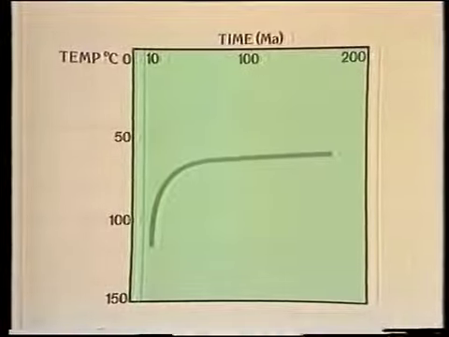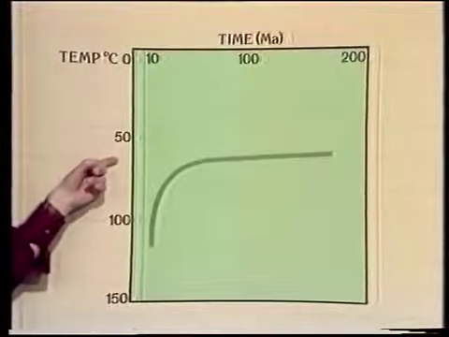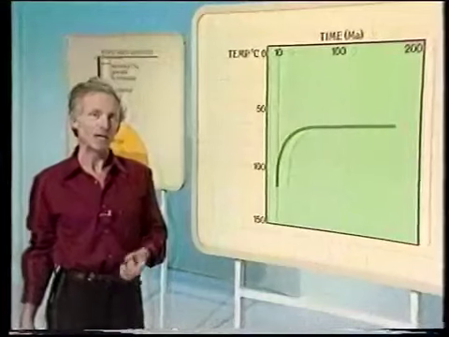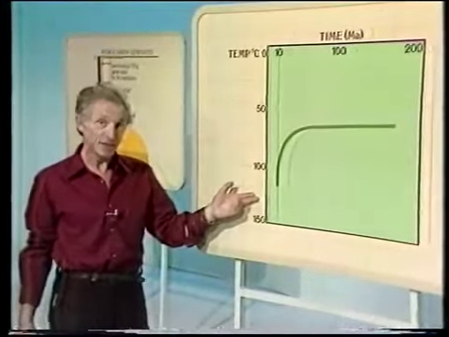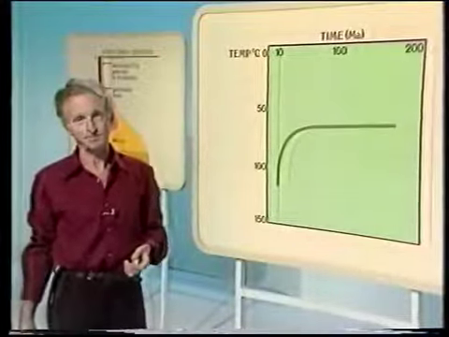But if a sediment rich in organic matter is buried only deep enough to reach 60 degrees centigrade, it'll need to be at that depth for around 200 million years or so for oil to form. But if it reaches a depth where temperatures are over 100 degrees centigrade, then perhaps only 10 million years might be needed for oil to form.